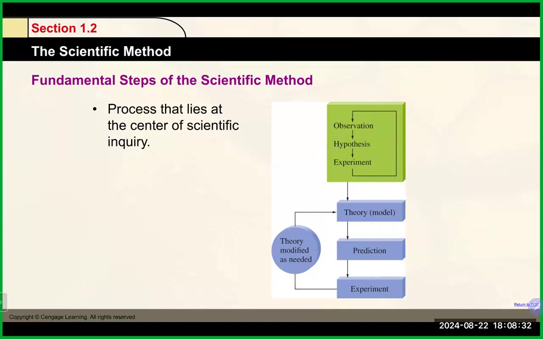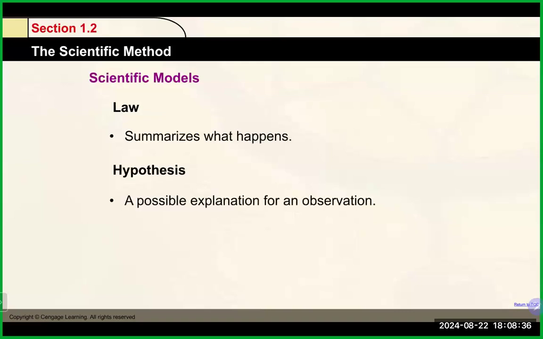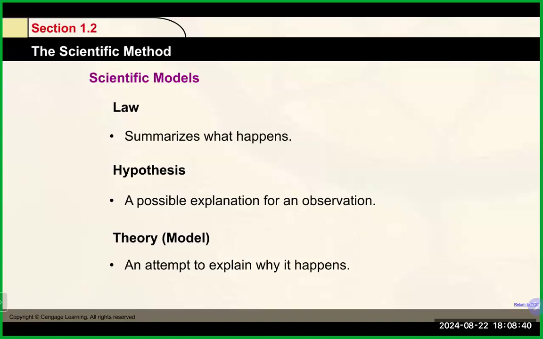Now, there is a difference between a theory and a law. The way you could think about it is that a theory is an attempt to explain why things happen. So a theory is a model. Perhaps you do some experimentation, and perhaps you come up with some ideas as to what is going on in your particular situation.